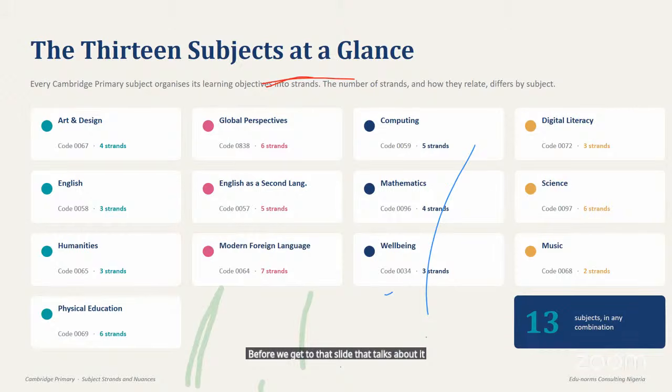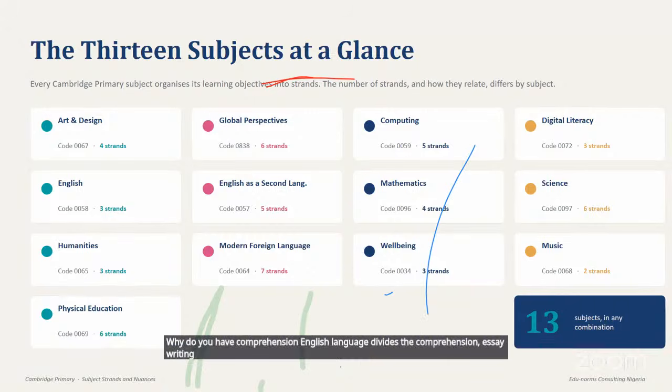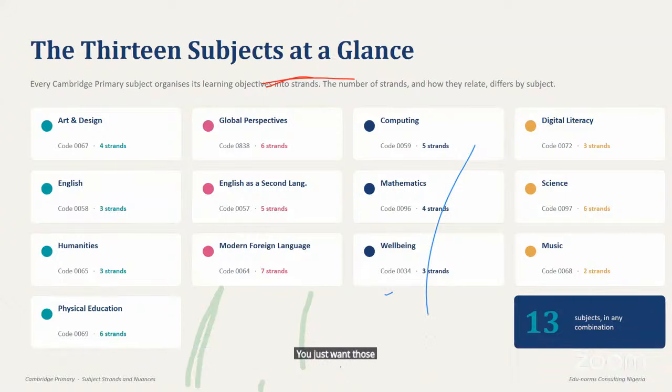Why is transition? Let's go back to the Nigerian context. Why do we have comprehension, essay writing, grammar, speech work, dictionary work, and so on in English language? We also have oral English there. Why?